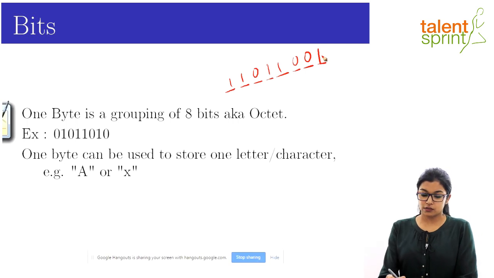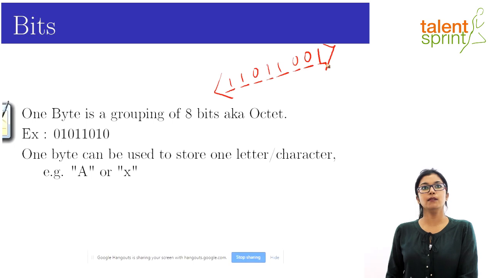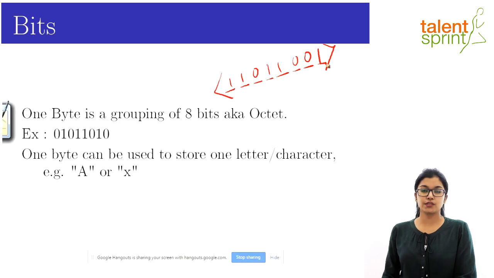Alright. So this set of 8 bits is what we call a byte, also known as an octet. Now 1 byte can be used to store one letter or character, A, X, or any symbol, like an exclamation mark. 1 byte can hold these symbols.